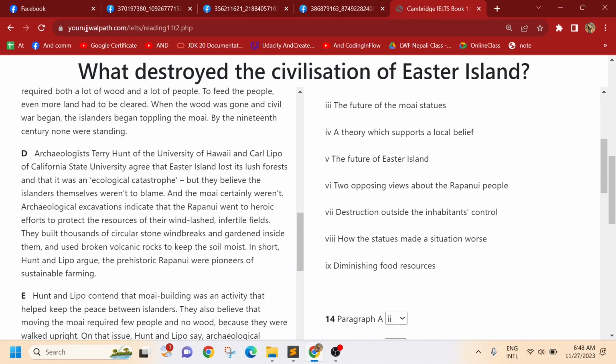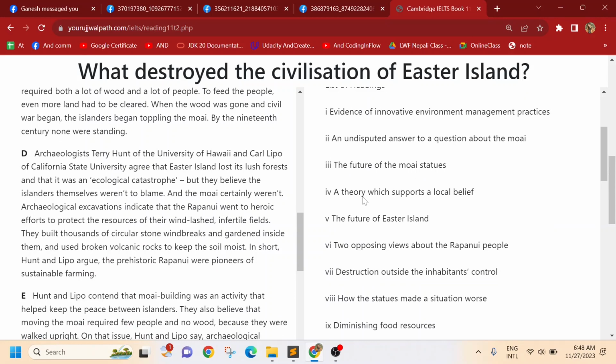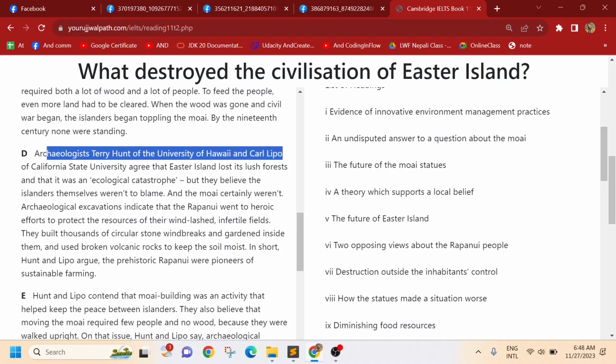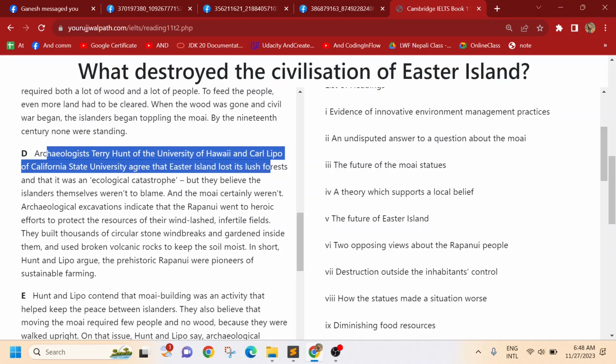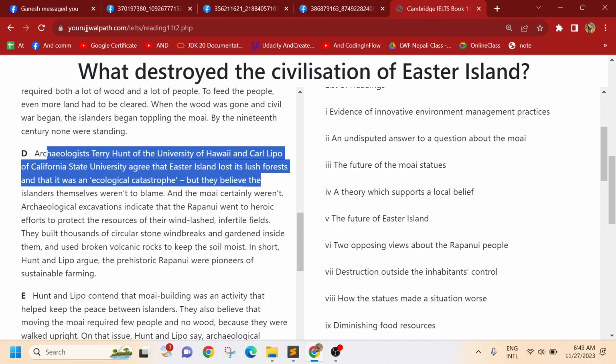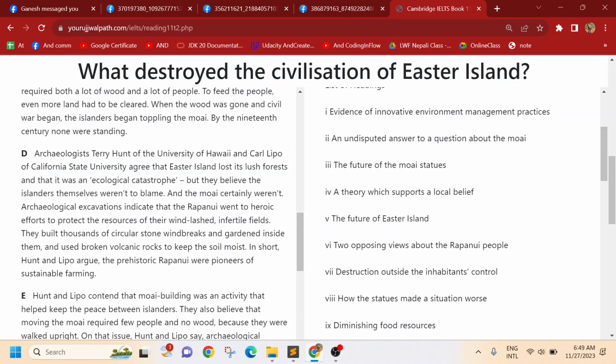And we have paragraph D over here. In paragraph D, archaeologist Terry Hunt of University of Hawaii and Carl Lippo of California State University agree that Easter Island lost its lush forest and that it was an ecological catastrophe. But they believe the islanders themselves weren't to blame. Here, it's a little bit longer sentence.